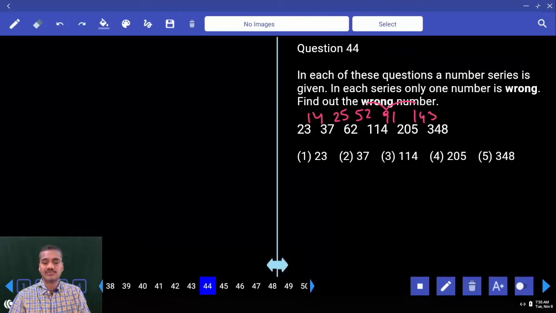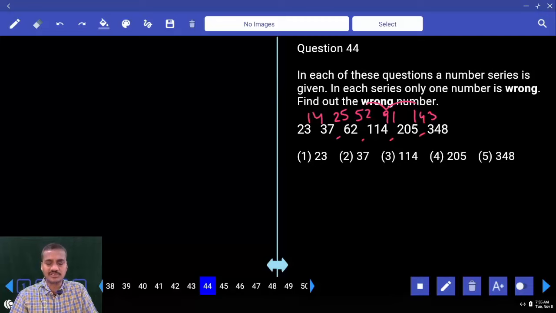Now 143 and 52 are multiples of 13. What multiples of 13 are these? 143 is 13 into 11, here 13 into 7, here 13 into 5, and 13 into 3, 13 into 2.